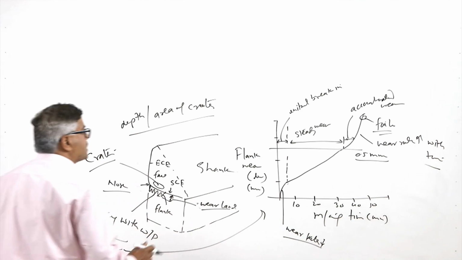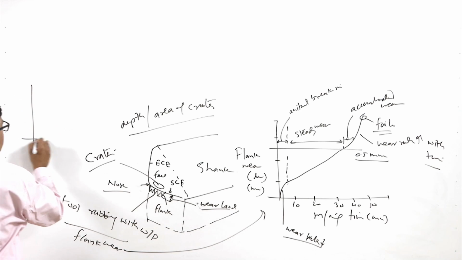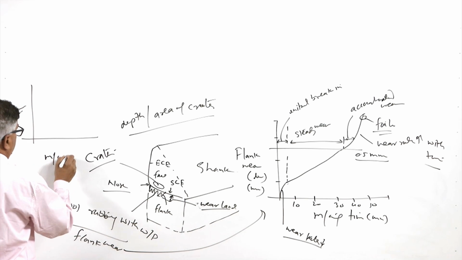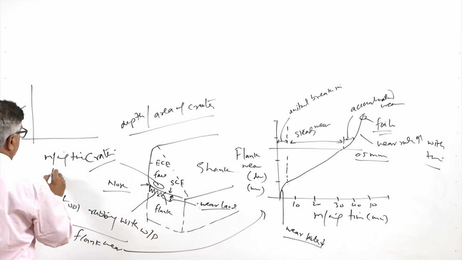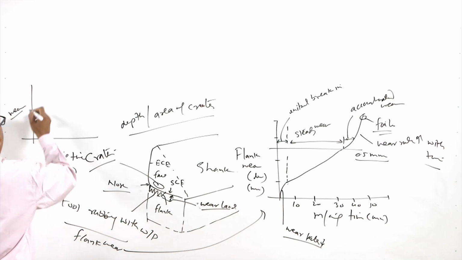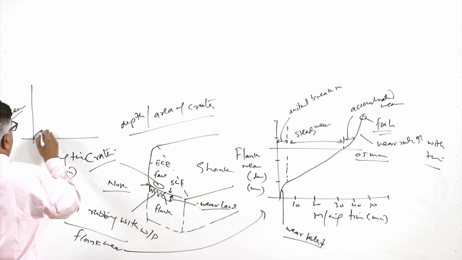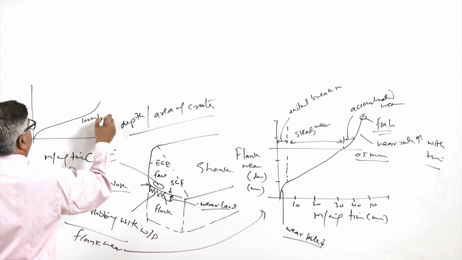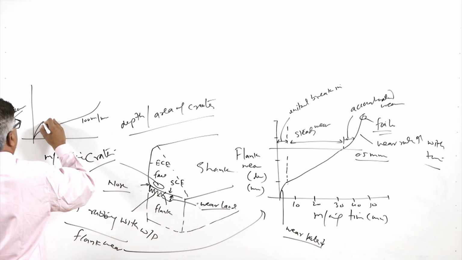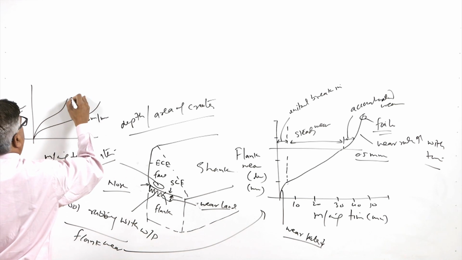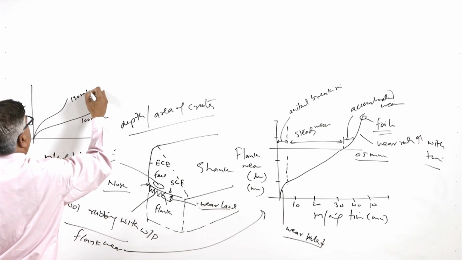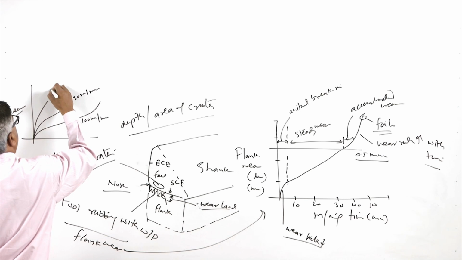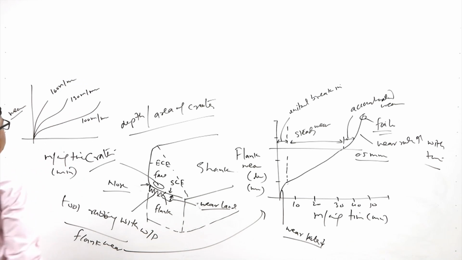So for this kind of situation, if we work with different cutting conditions, here we have the wear, and here the machining time in minutes, and then what we get is like this for say 100 meter per minute cutting speed, for 130 meter per minute cutting speed, and further higher for 160 meter per minute cutting speed.